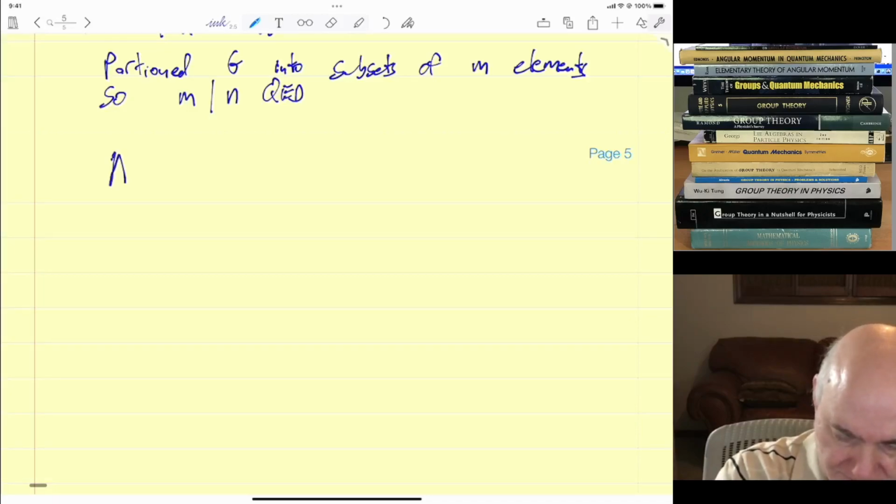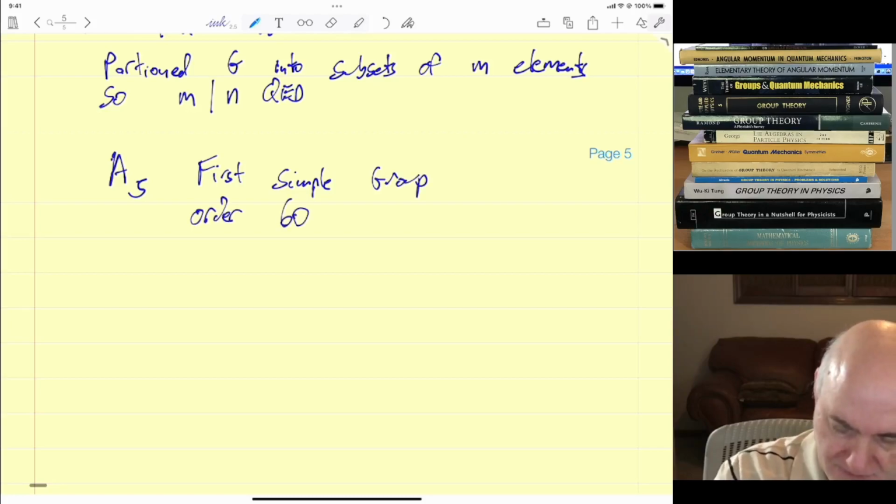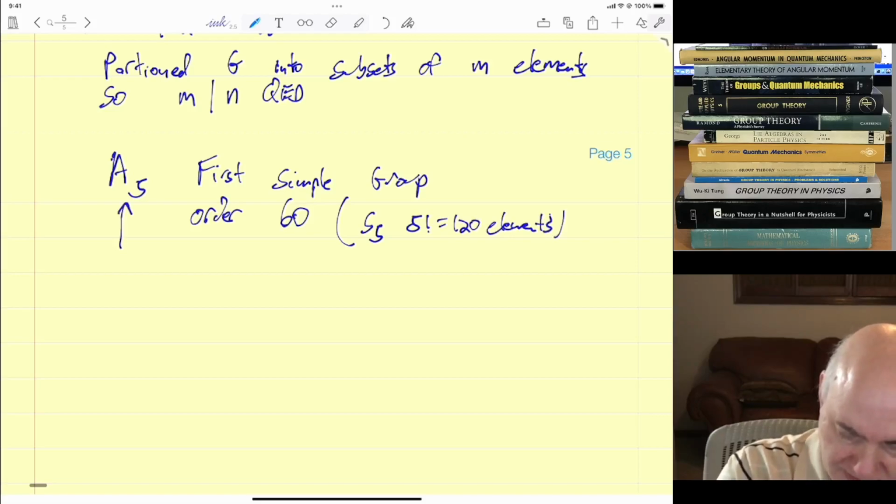A5, first simple group, has order 60 because S5 has 5 factorial equal 120 elements, and this is just even permutations.